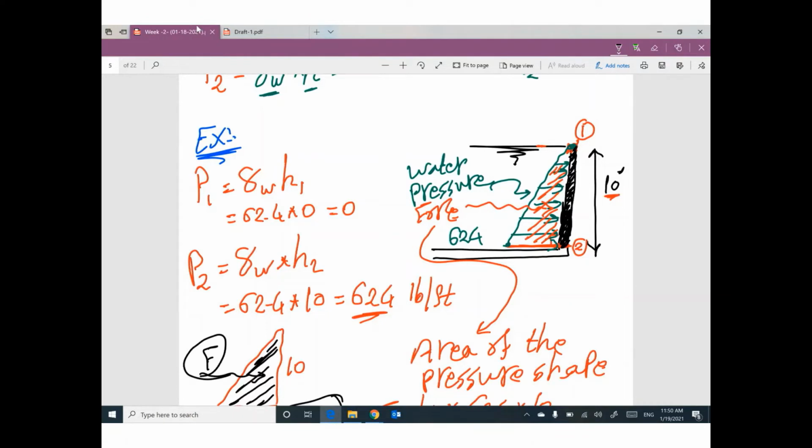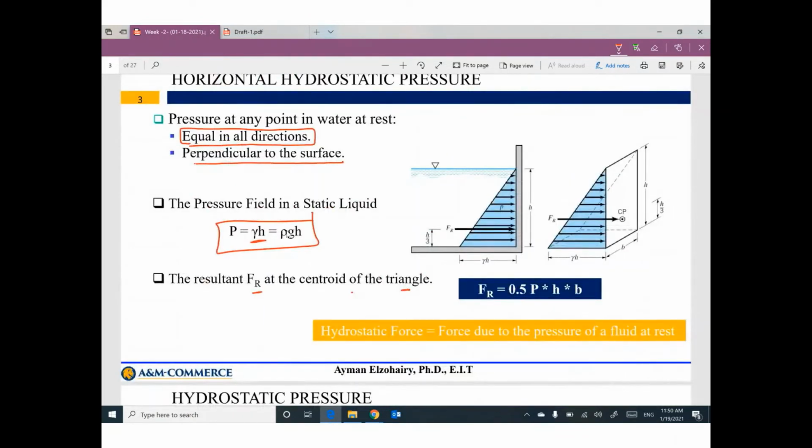One more time, this pressure or this force is perpendicular to the surface. The area of this triangle, 1/2 times base times h, gives me the equivalent force for this pressure.